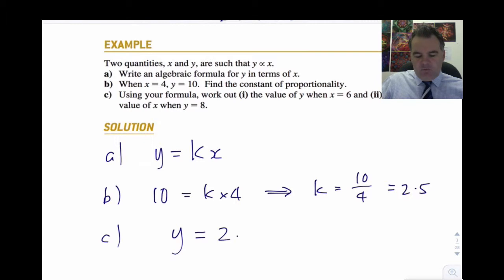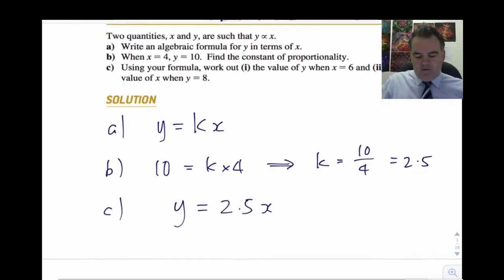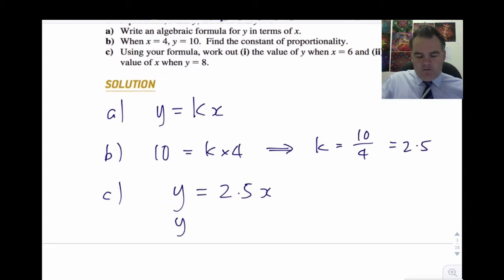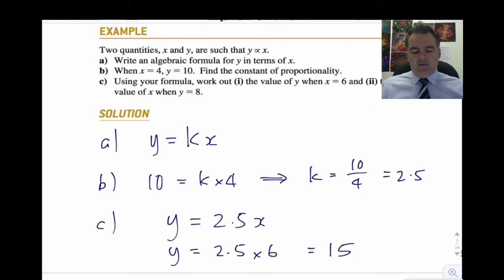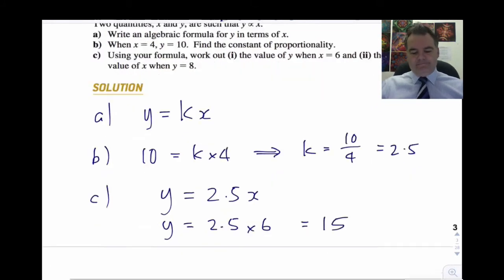Now we know the relationship y equals 2.5x, we can say y is equal to 2.5 times 6. And then we can work that out with our trusty calculator. How would we do this without the calculator? Well, the answer is 15. So 2 times 6 is 12, half times 6 is 3, and add those together. So y equals 15. That's a basic example of direct proportion.